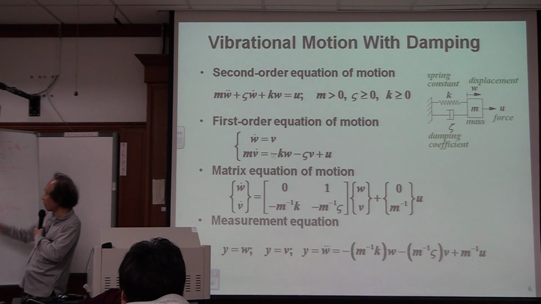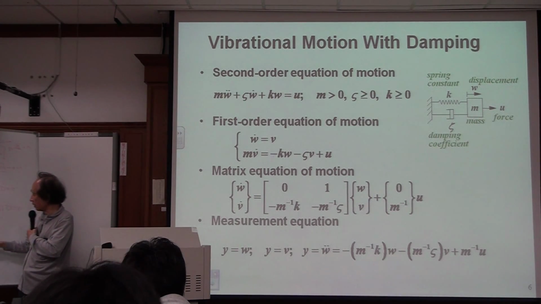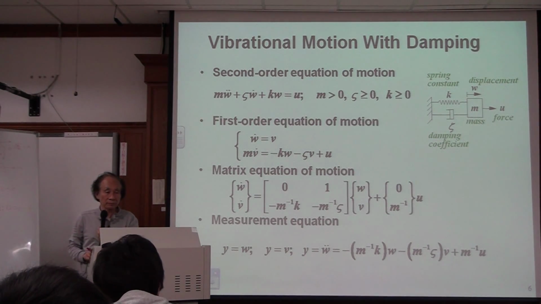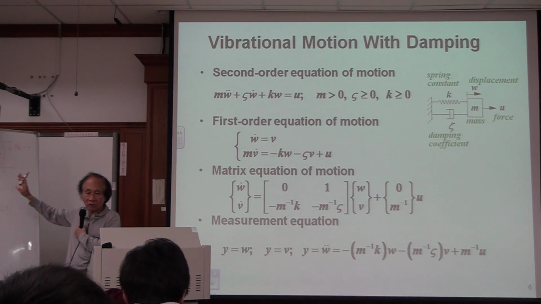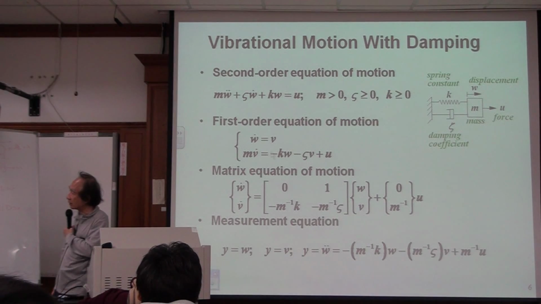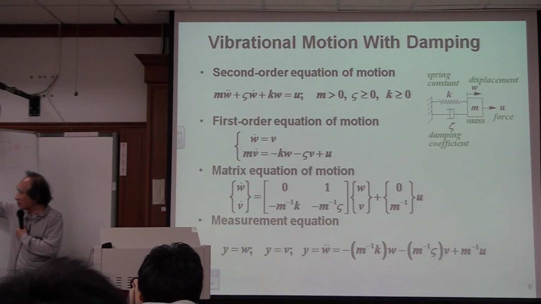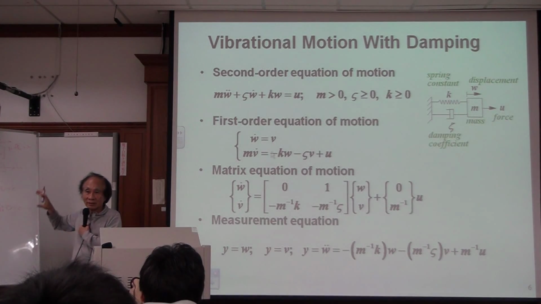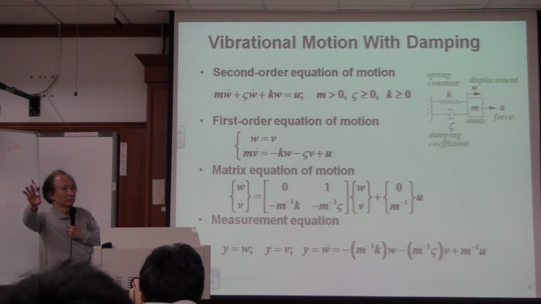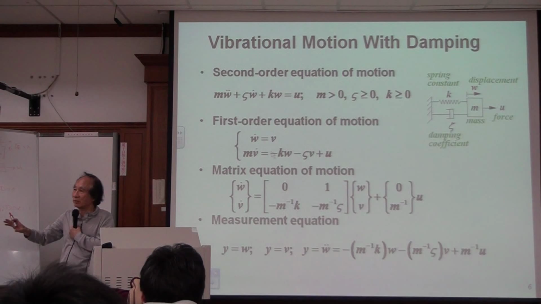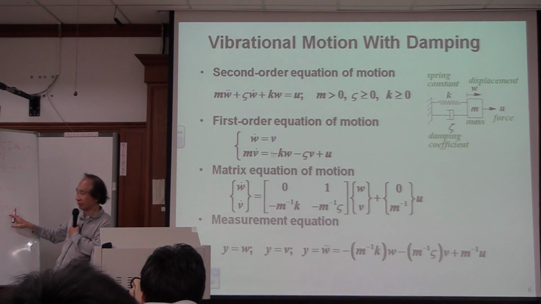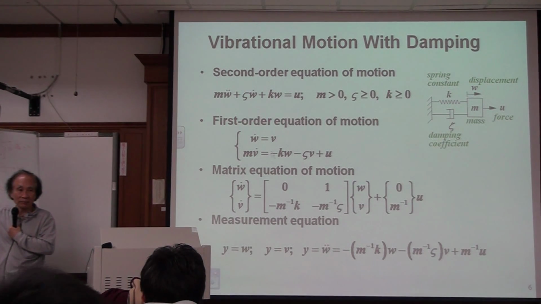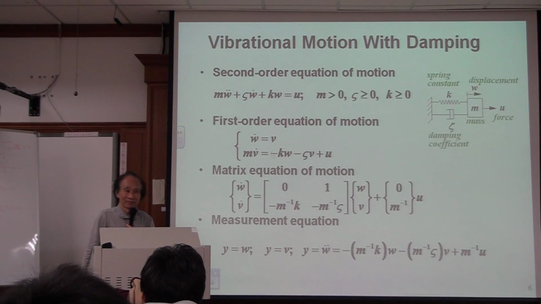In the vibration motion with damping, then we have minus K over M, minus zeta over M. That's my C. Then we have D. So doesn't matter if it's rigid body motion, vibrational motion, or vibration motion with damping, displacement measurement and velocity measurement always have no D. So if somebody shows you a measurement equation that has no D, for sure that measurement won't be the accelerometer measurement. Understand?